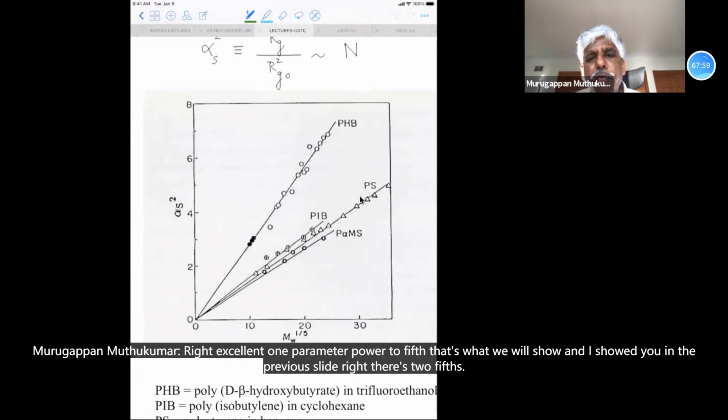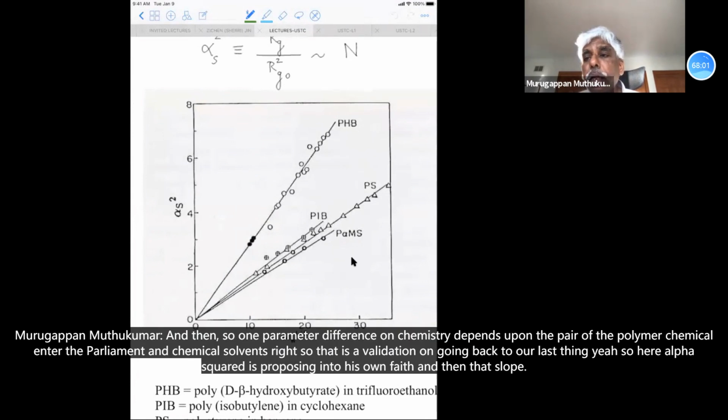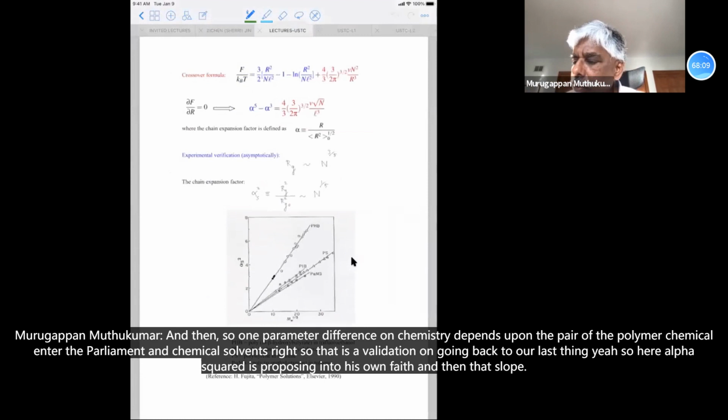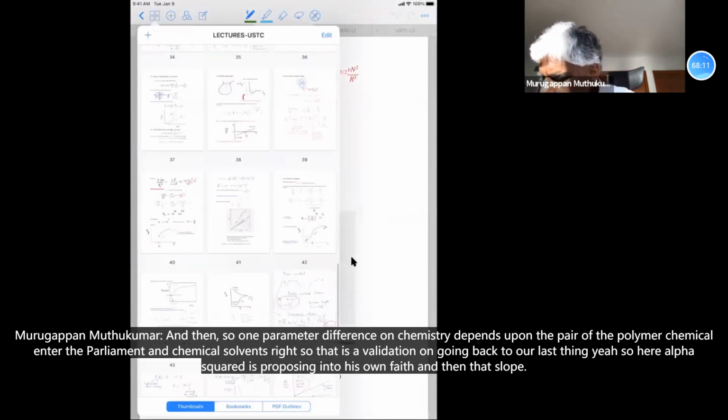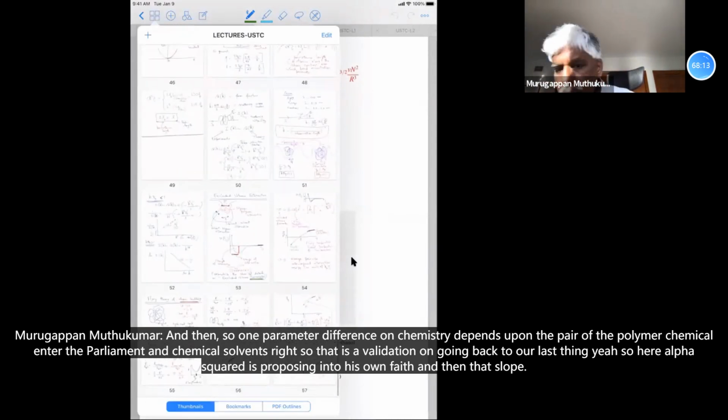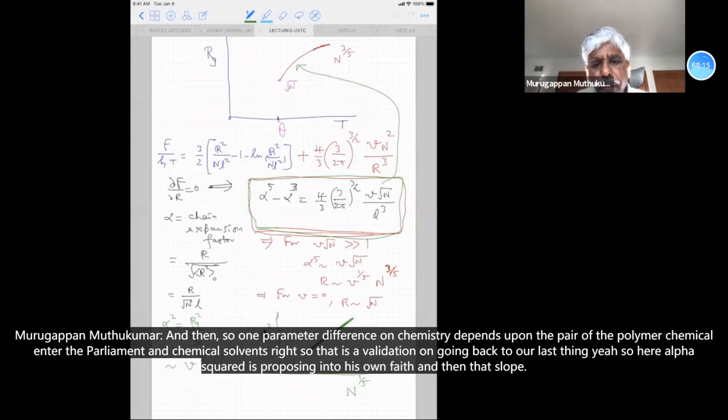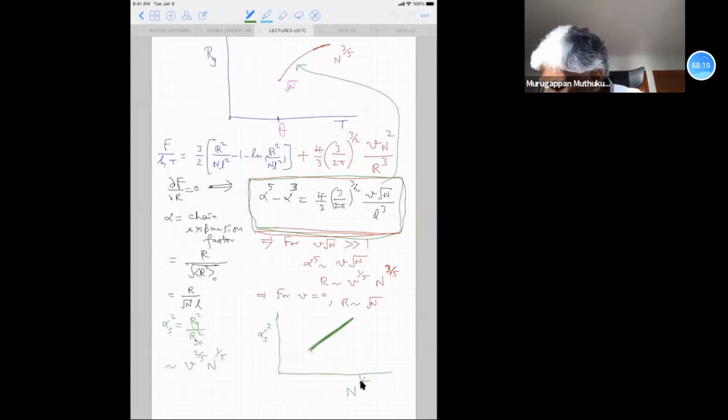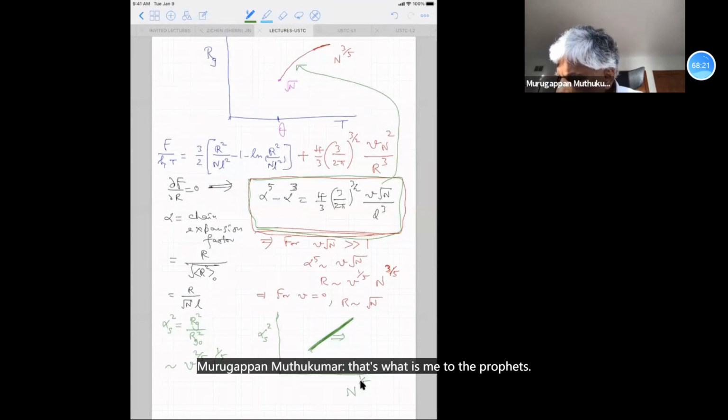The excluded volume parameter depends on the chemical nature of the polymer and the chemical nature of the solvent. So here alpha S squared is proportional to n to the 1/5, and that slope is V to the 2/5.